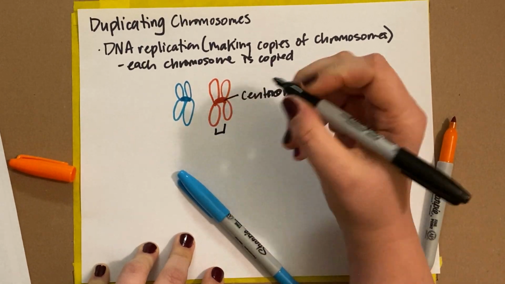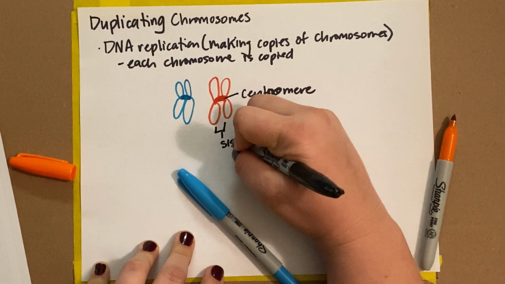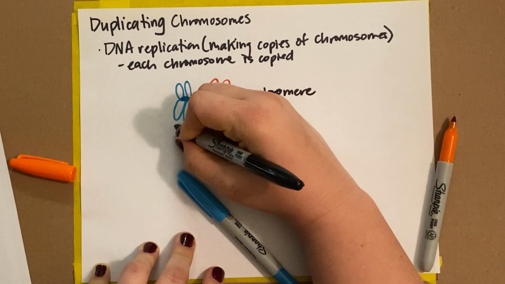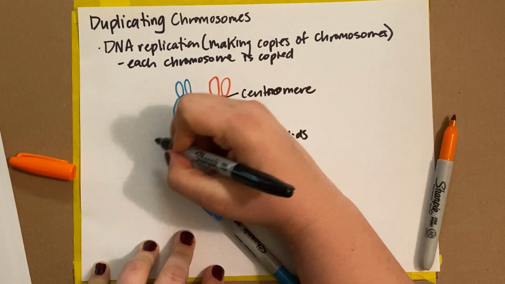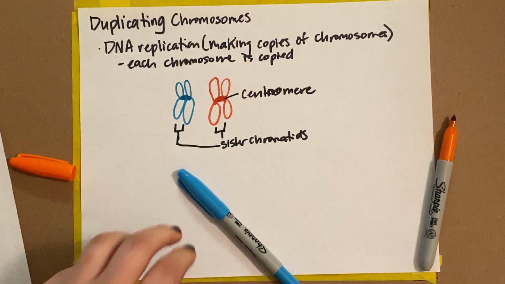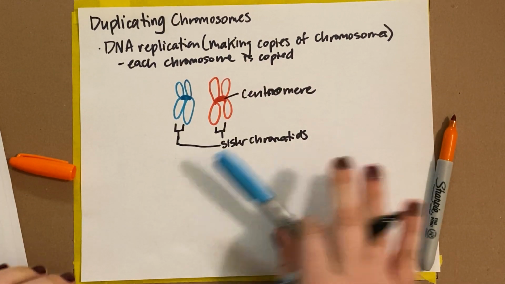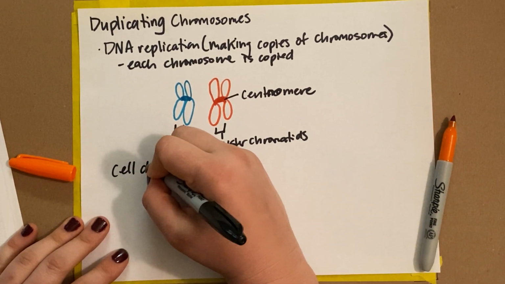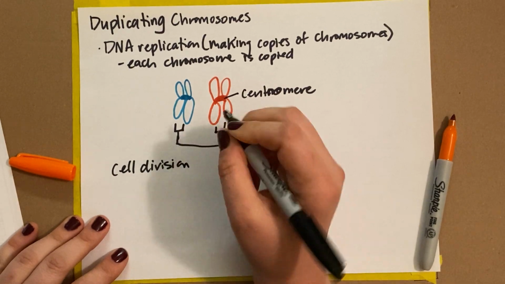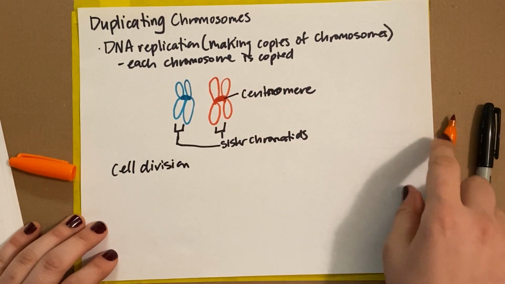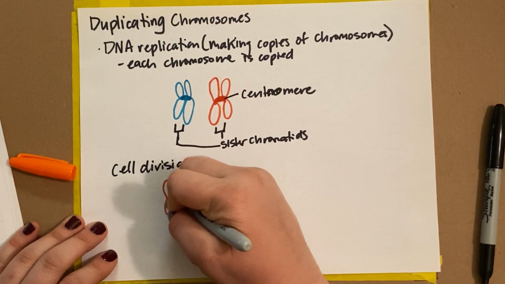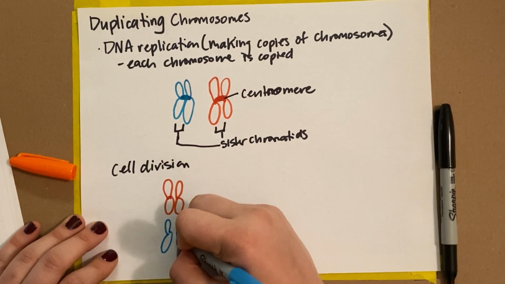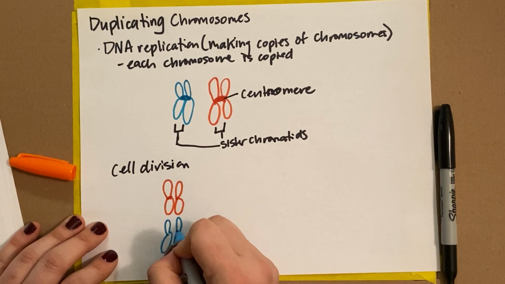And I just want to make this clear again. So these are sister chromatids, as are these. Okay, so these are sister chromatids as well. All right, so during the process of cell division, what's going to happen is that we are going to have our chromosomes line up, and I'm going to talk about this in more detail, but I just wanted to briefly show what this looks like.